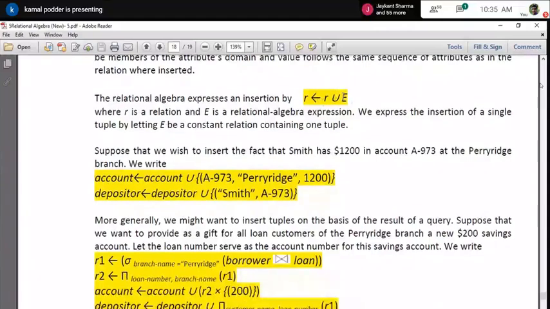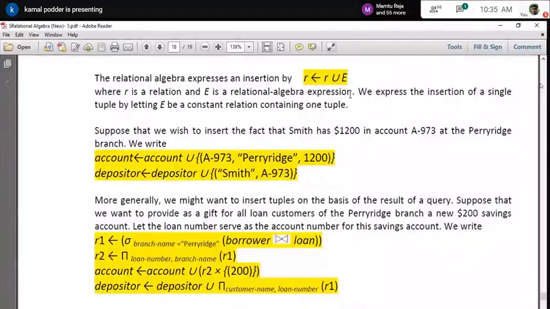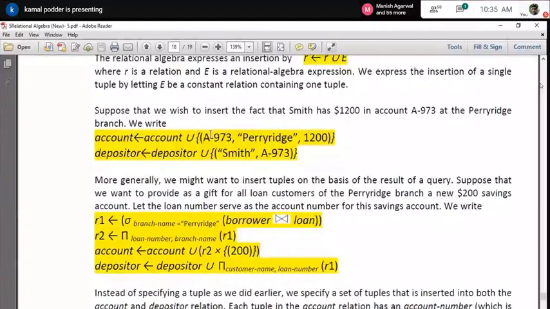As soon as you take the union with the particular tuple which you really want to add, it will be added there. Now just see here, I want to add this particular tuple in the account record.